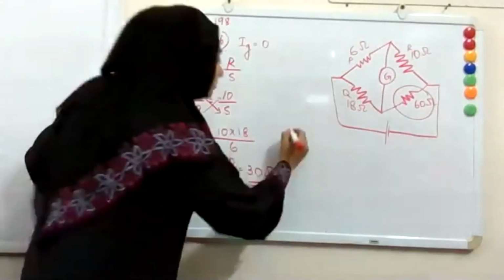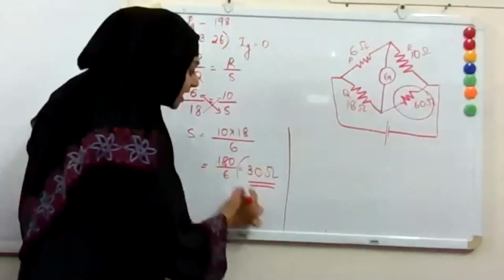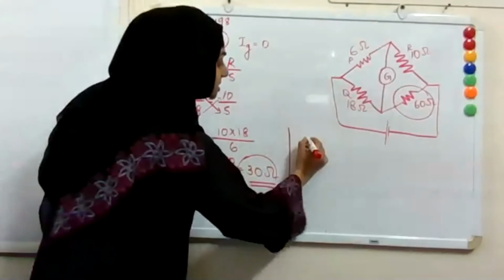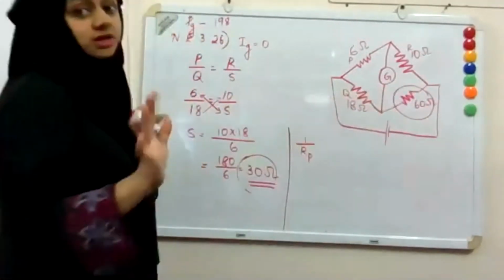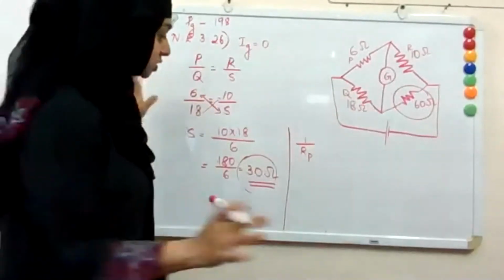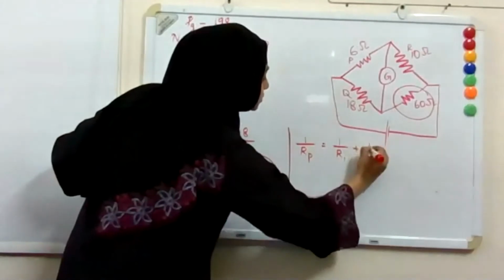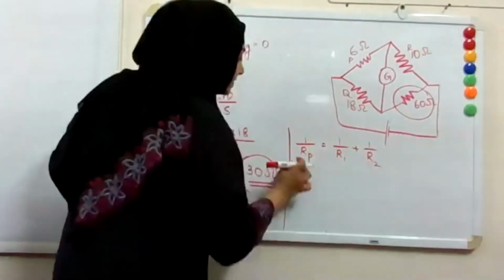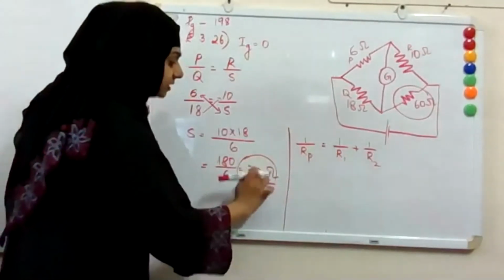That's right. Or with calculation, I can just show that 30 should be the answer, right? To reduce the resistance, you have to connect something in parallel. That is understood. So 1 by RP is equal to 1 by R1 plus 1 by R2. RP, the parallel resistance, I am considering as 30.